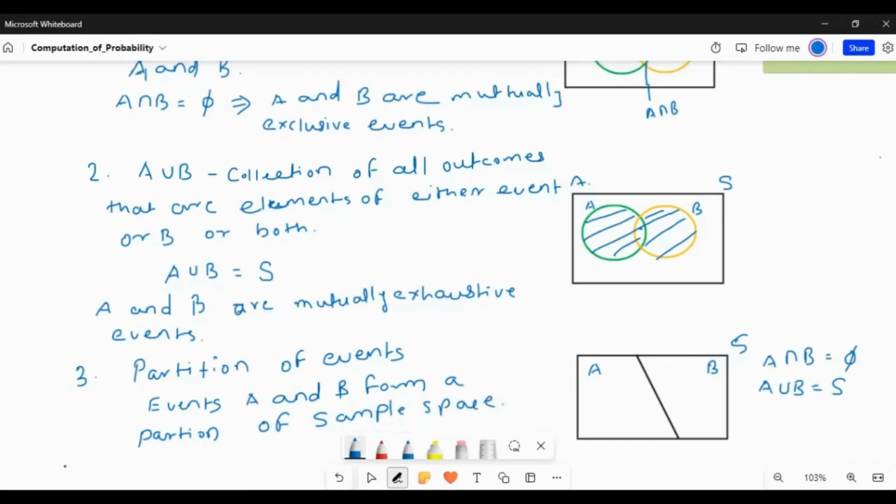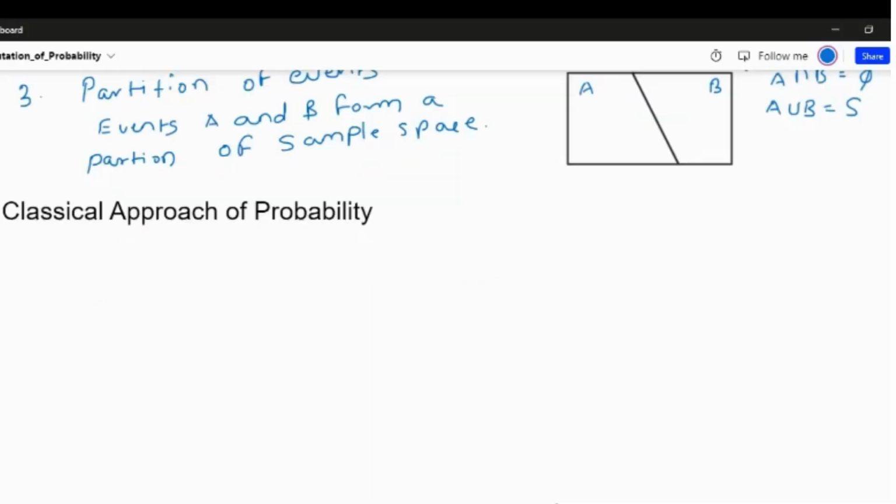This partition of events is useful while studying conditional probability. Then I will explain it again.